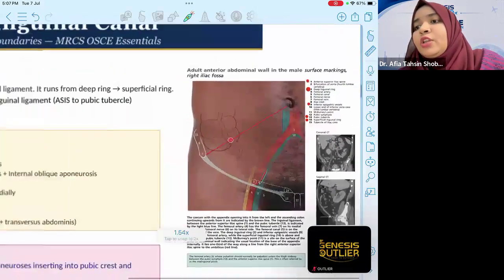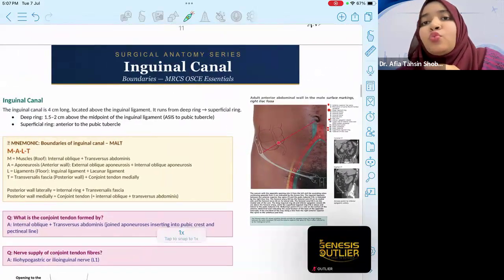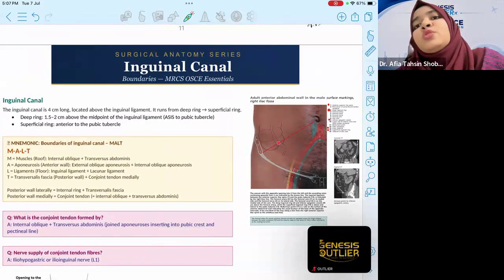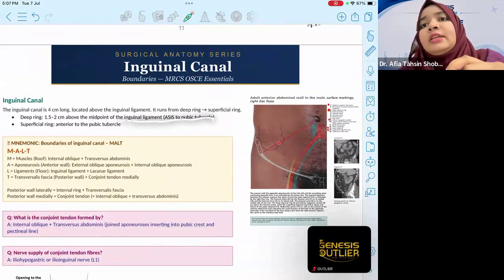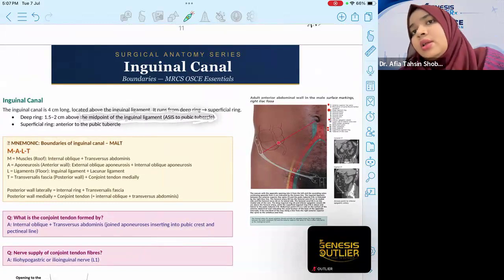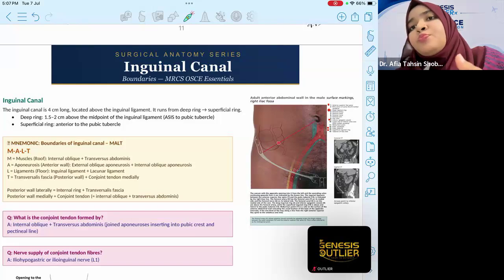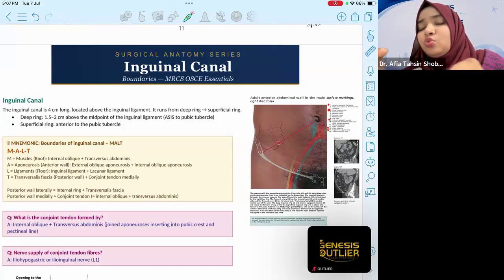The deep inguinal ring is situated 1.5 to 2 centimeters above the midpoint of the inguinal ligament. Here sometimes we go wrong. Sometimes we mix up the midpoint of the inguinal ligament and the mid-inguinal point.